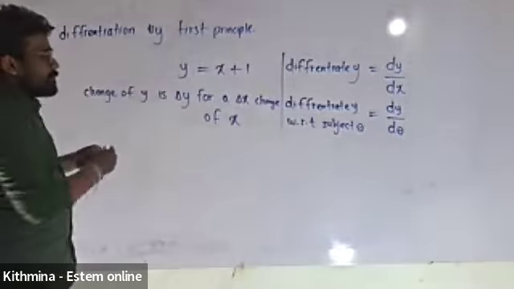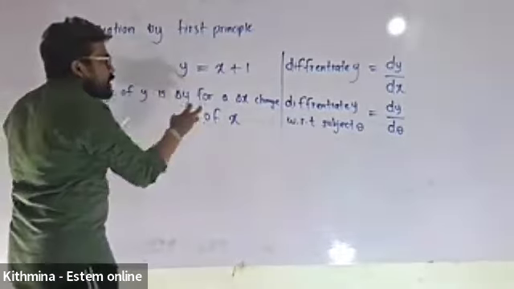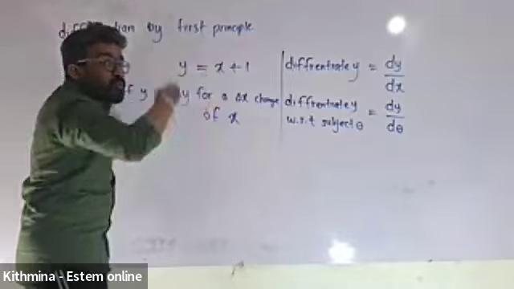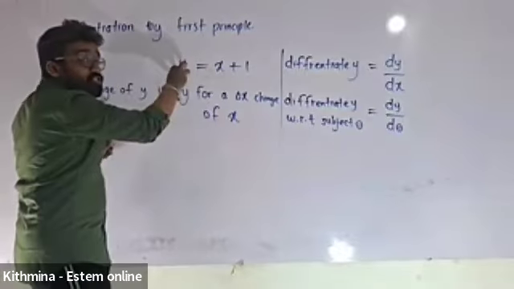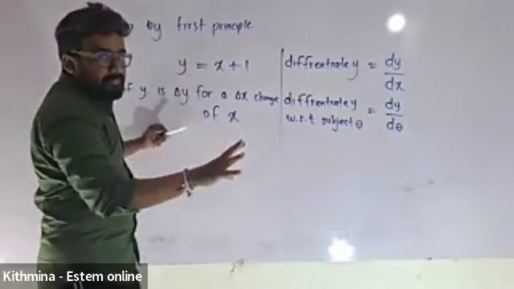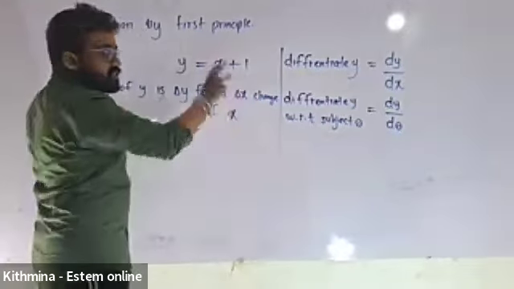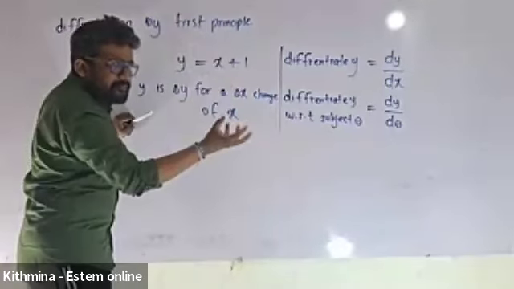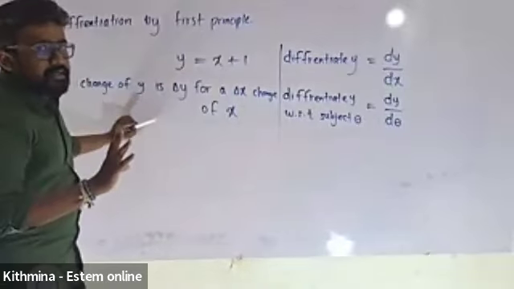That means if I change this x by delta x, then the change of y is delta y, because these are functions. If I change x by delta x, then y also changes by delta y.